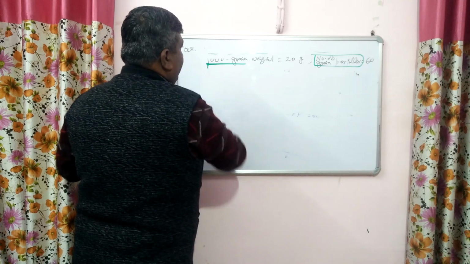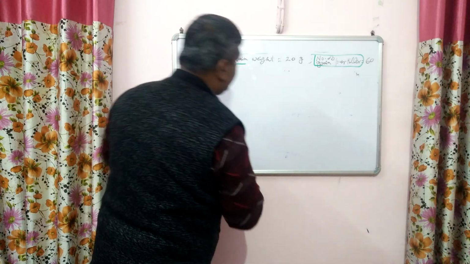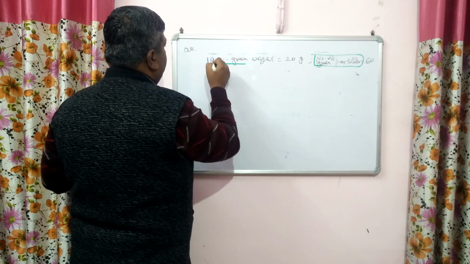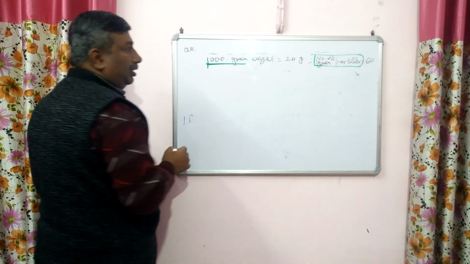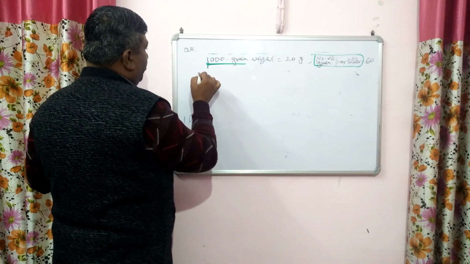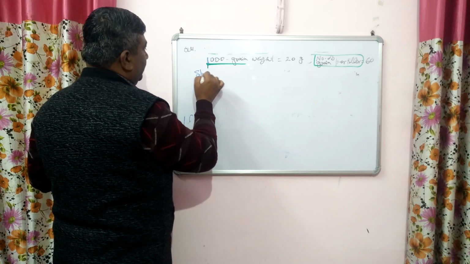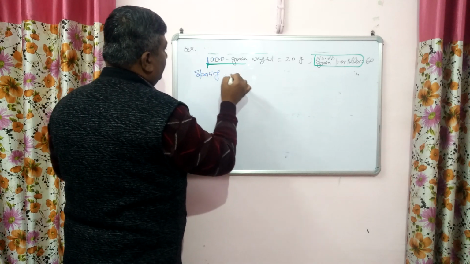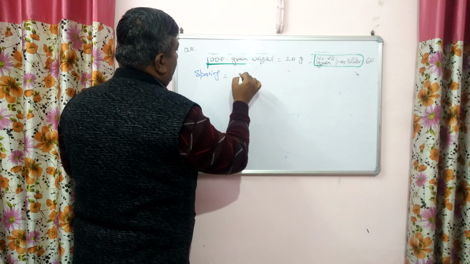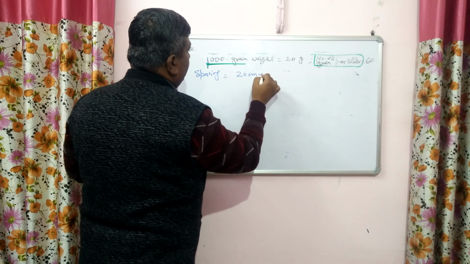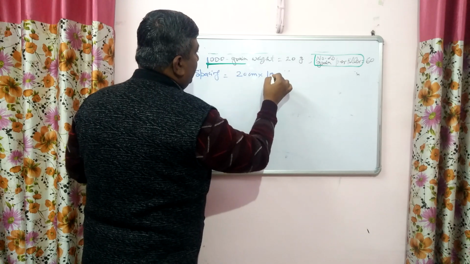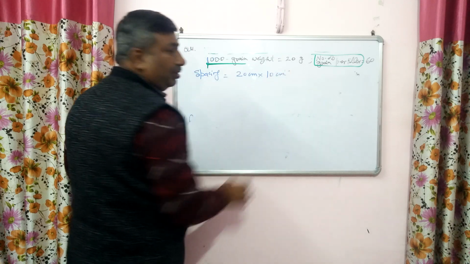and 1000 grain weight 20 gram, and geometry, spacing is suppose 20 centimeter by 10 centimeter. It is the normal spacing.